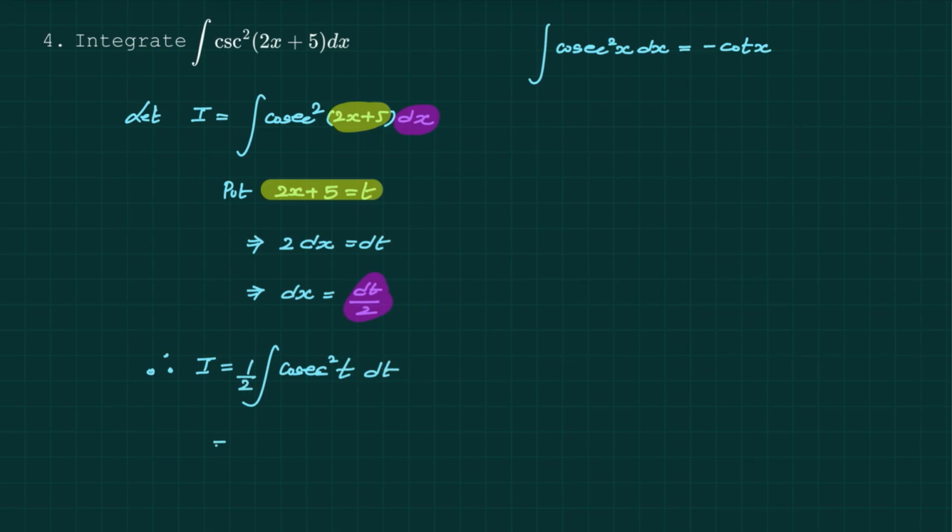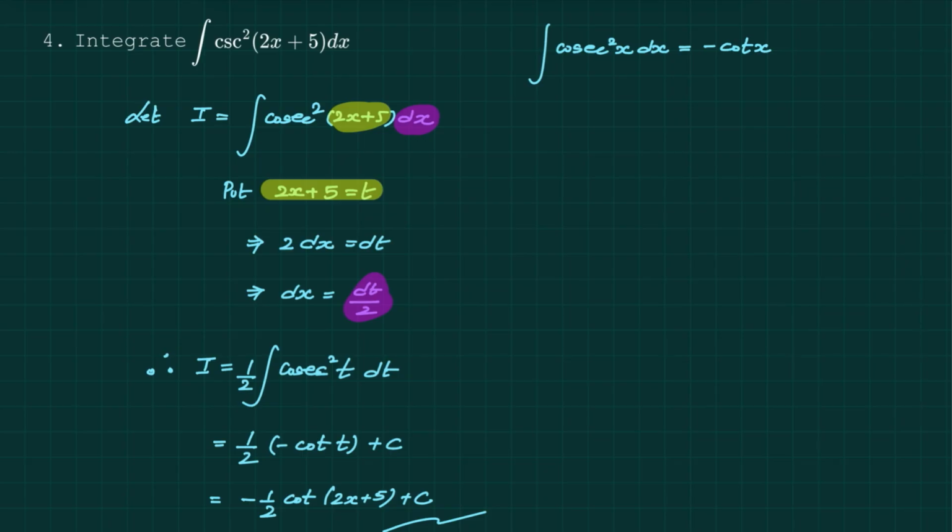This is directly in the formula now, so it will be minus cot t plus c, equals minus 1 by 2 cot of t. Let us put back the value of t again, and it will be cot of 2x plus 5 plus c.